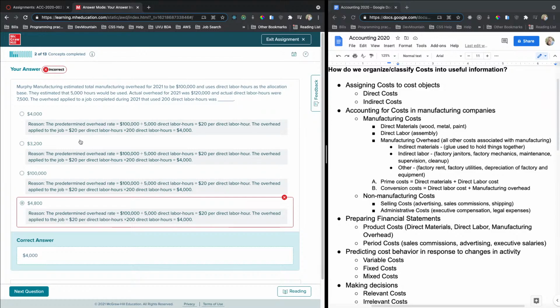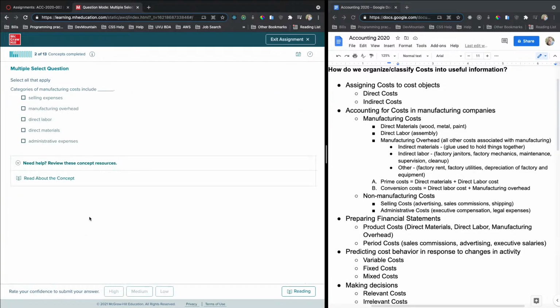The overhead applied to the job is equal to this times the hours. That makes sense. Next question. Categories of manufacturing costs include direct, oh, not that, menu.